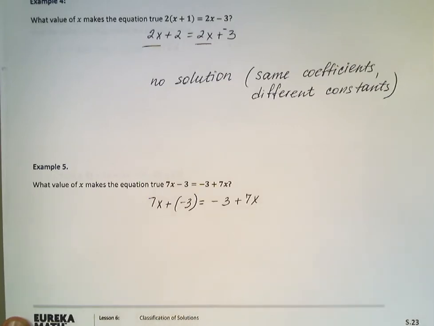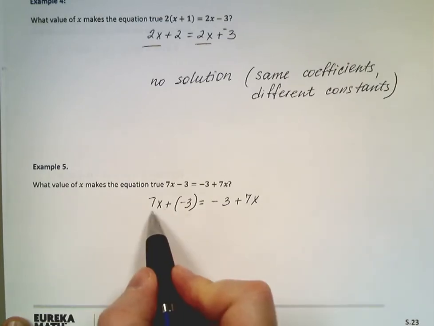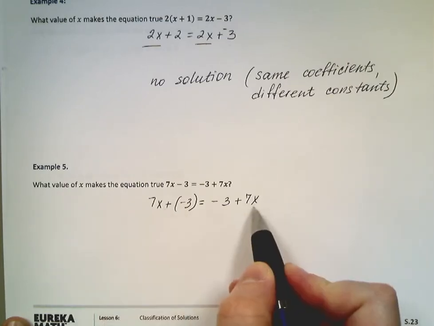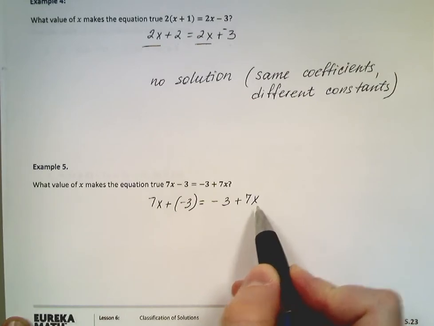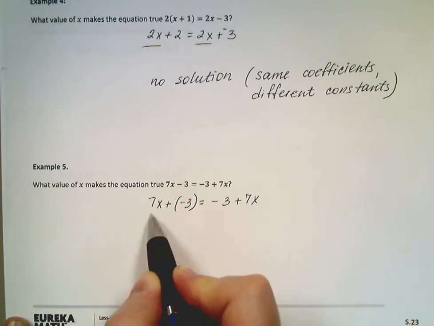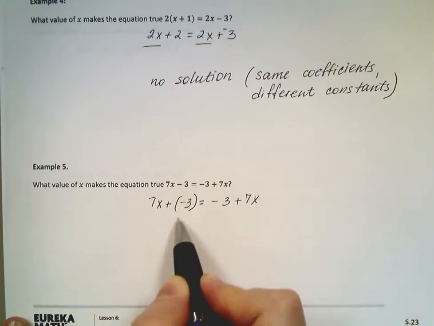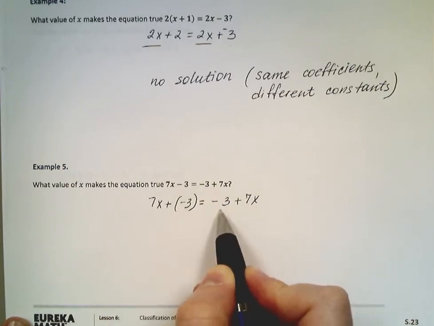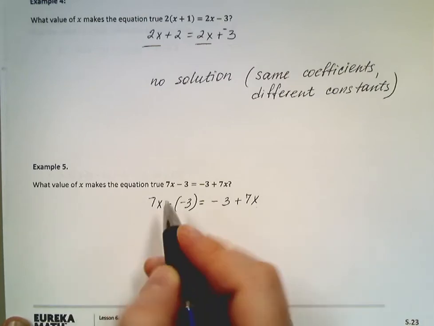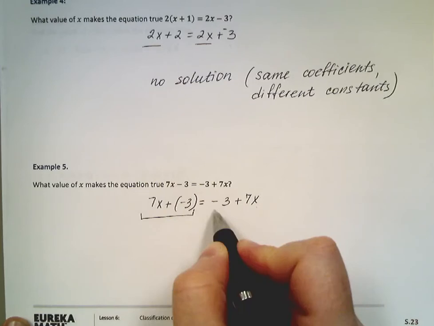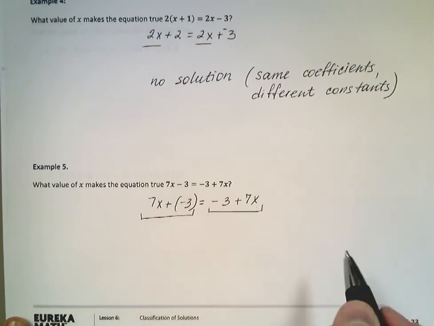I can move my x's to either side of my equation. We can see that 7x is 7x already, right? We can see that right away. 7x is 7x. We can also see that negative 3 is negative 3 on the right side. So we see that both sides of my equation are exactly the same.